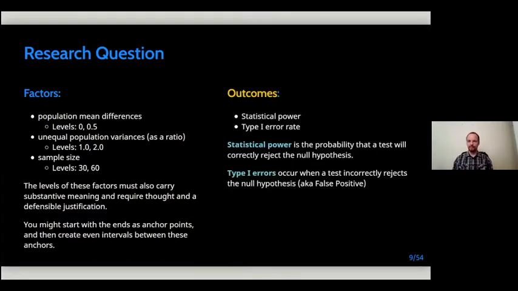The outcomes I defined for us today are statistical power and the type 1 error rate. A bit of a statistical refresher for you. Statistical power is the probability that a null hypothesis statistical test will correctly reject the null hypothesis. So there are true mean differences there, and you're able to detect them with an NHST test. And type 1 errors occur when a test incorrectly rejects the null hypothesis.